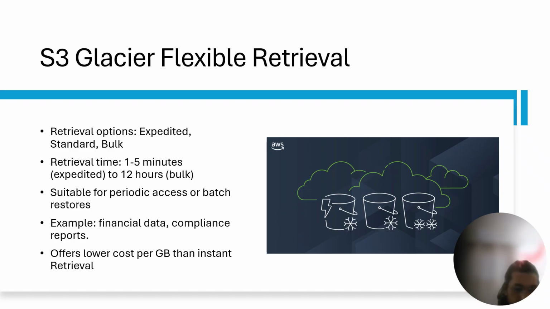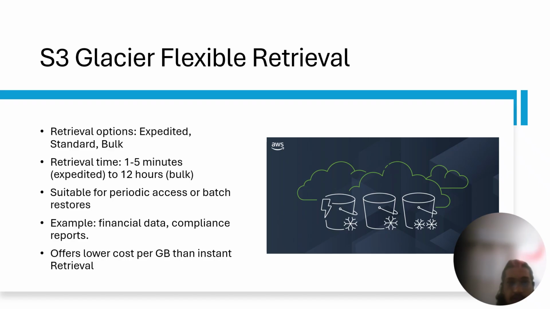This makes it ideal for organizations that occasionally need to restore large data sets or perform periodic compliance checks. It is cheaper than Instant Retrieval, but provides flexibility in how fast you need the data. It offers a low cost for the data, but retrieval takes more time.